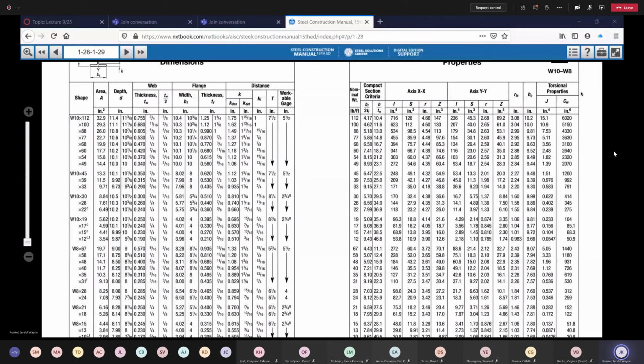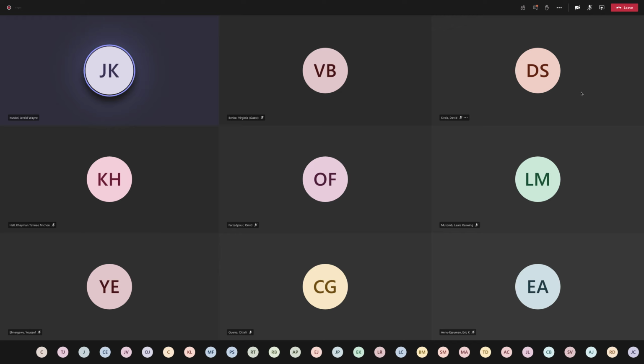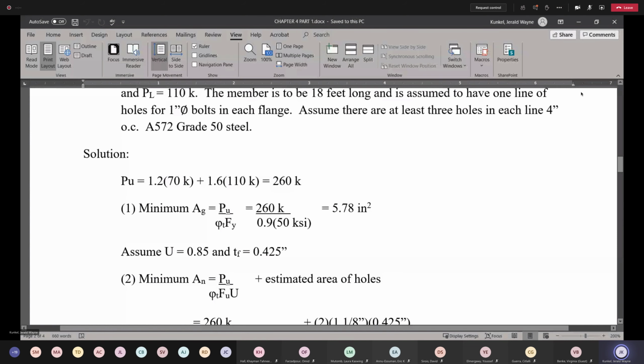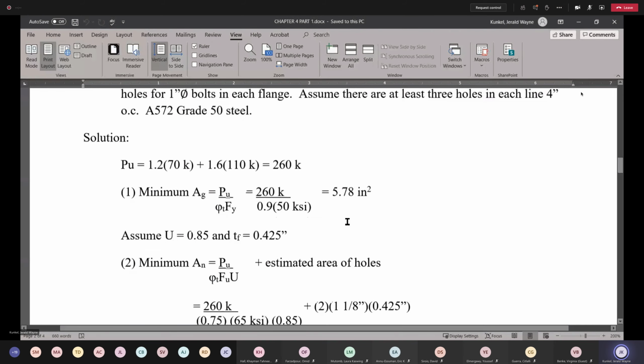Okay, so 5.78 square inches is the magic number.